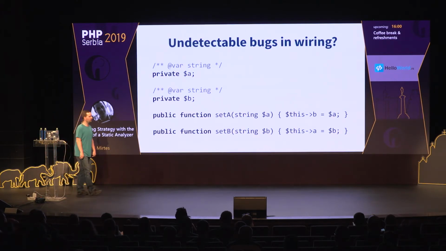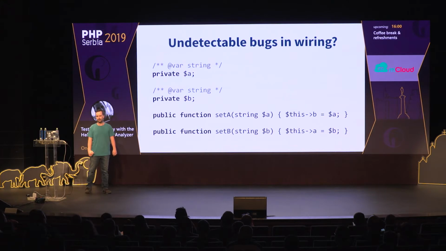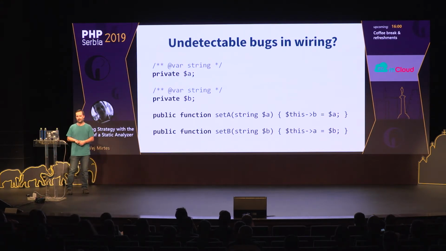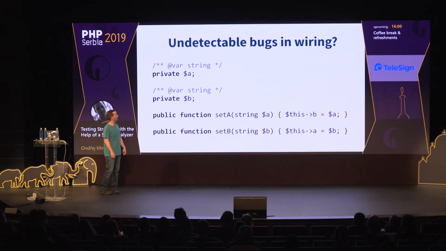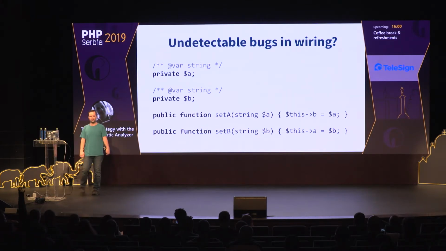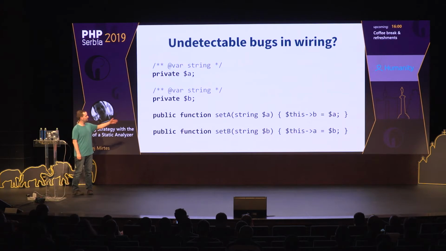There's one catch that you probably ask yourself: some bugs can find their way into wiring and can't be detected by static analysis. That happens if some values are interchangeable because they use the same type, so we can actually interchange the properties assigned in the setter.